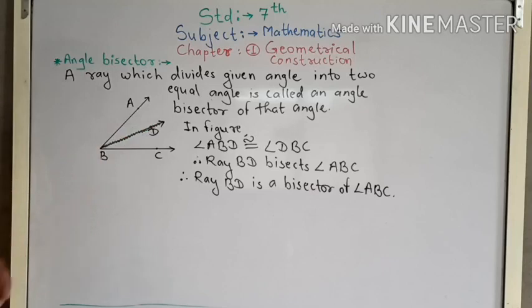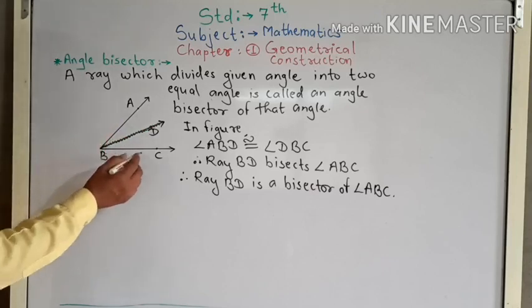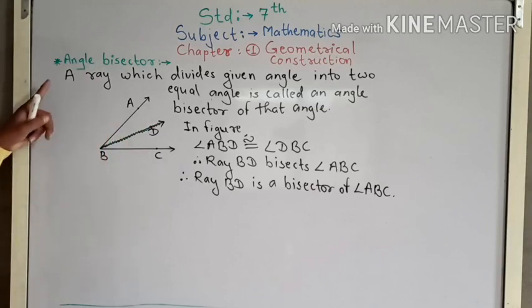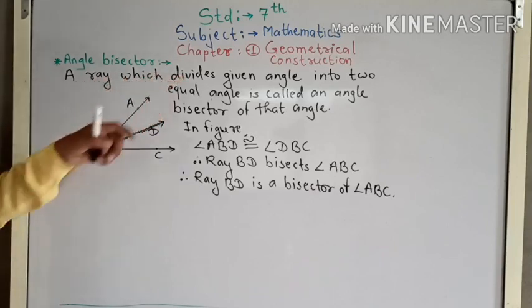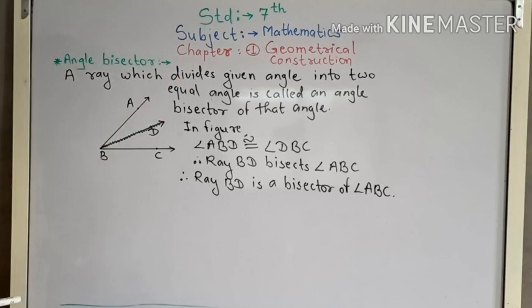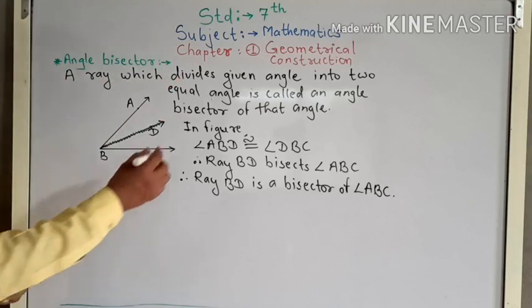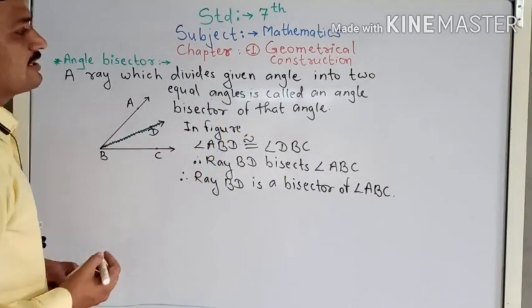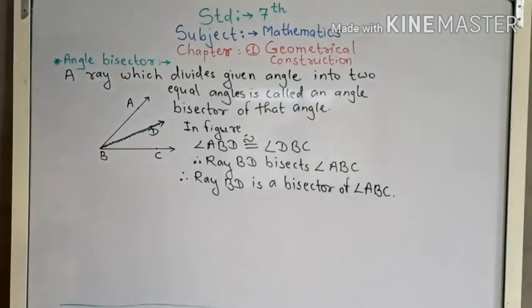Therefore, ray BD is called the angle bisector of angle ABC. It means a ray which divides a given angle into two equal angles is called an angle bisector of that angle.